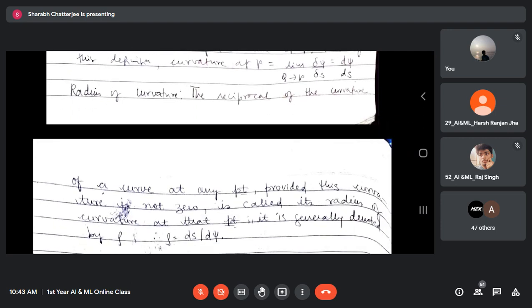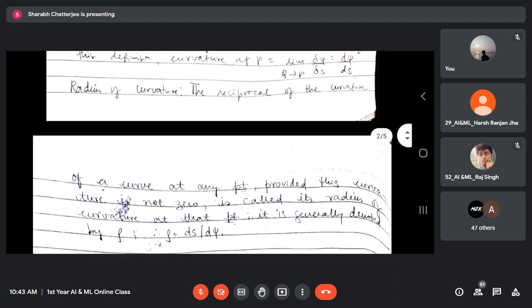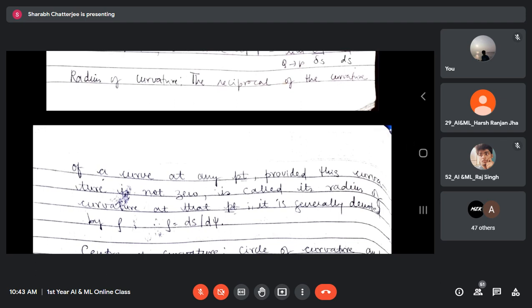So how to find curvature? Again, we are going to find the center and the radius of that particular circle. First, the radius of curvature: the reciprocal of the curvature of a curve at any point, provided the curvature is not zero, is called the radius of curvature. That's all. Again, we have still not learned how to find curvature, but we have defined the radius of curvature as the reciprocal of curvature. Curvature was d psi by ds, so rho will be ds by d psi. So when we are asked to find curvature, we find the radius and then reciprocate it. The basic definition of curvature is d psi by ds.